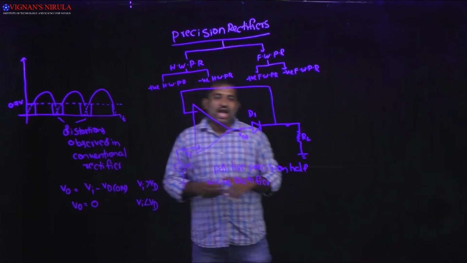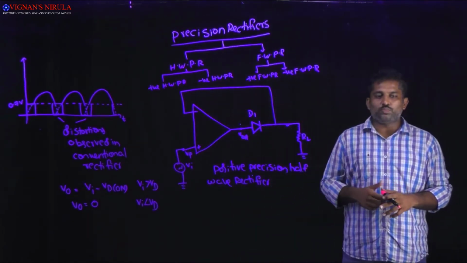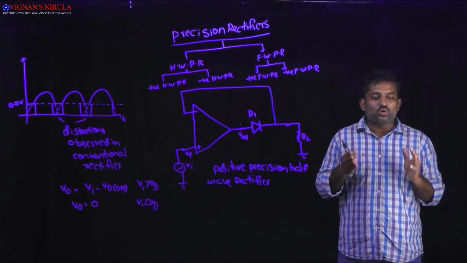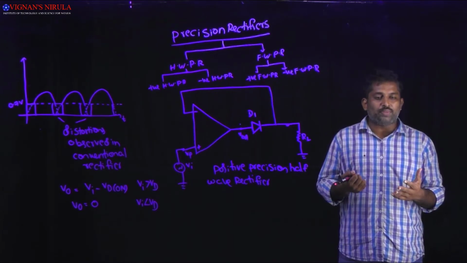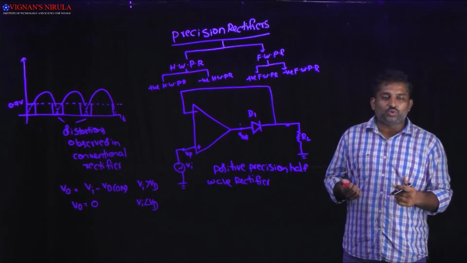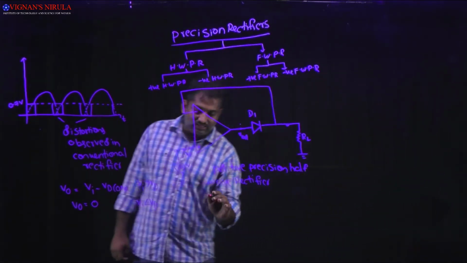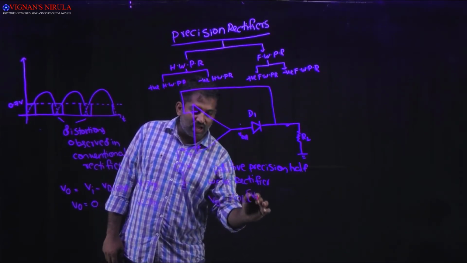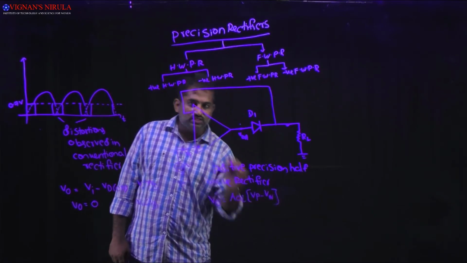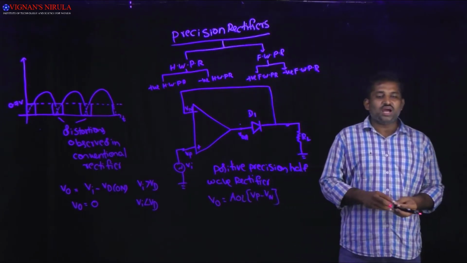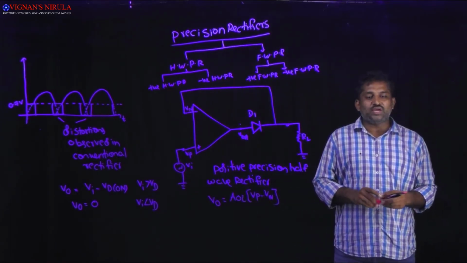Now first I am going to explain the positive precision half wave rectifier, and listen carefully. We all know that the gain of the open loop op amp is very high, and we always express the output voltage of the open loop op amp as V0 equals A0L into (Vp minus Vn), where A0L is the open loop gain of the op amp.